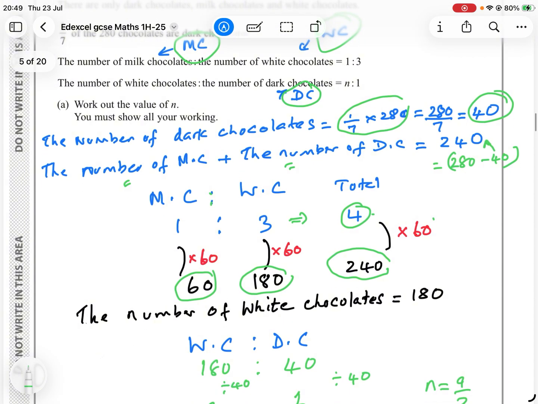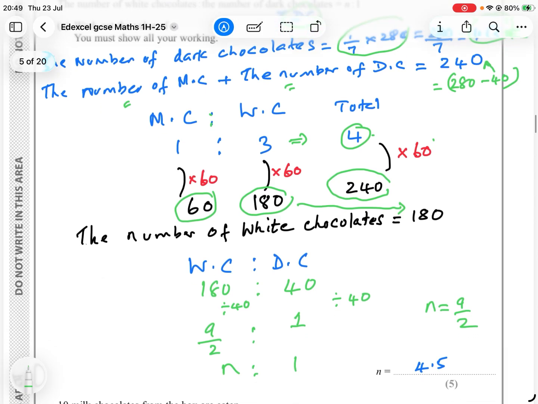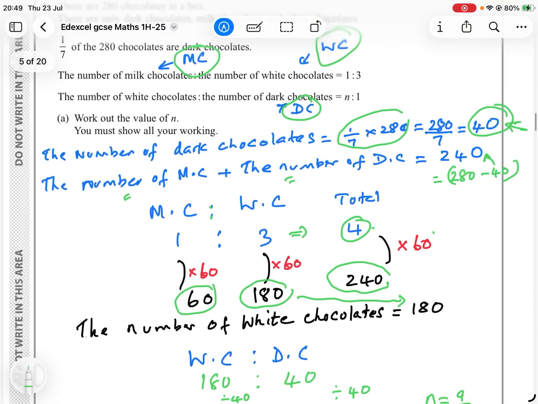Now the number of white chocolates is 180. Dark chocolate, of course, is 40. So white chocolate WC to dark chocolate DC is 180 to 40, but according to your question, the number of dark chocolate must be 1.